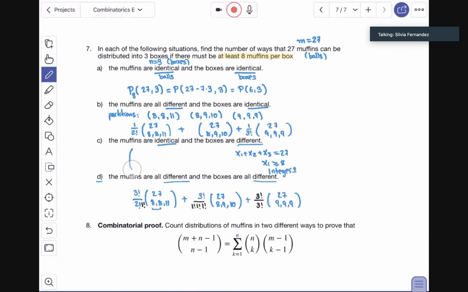But you also have a formula in the table, so there's no need to write it as solutions to that equation. But that's a possibility. So 27 minus 8 times 3 plus the number of separators.